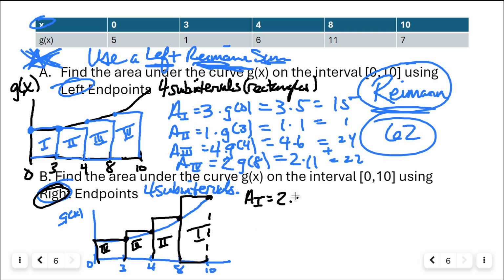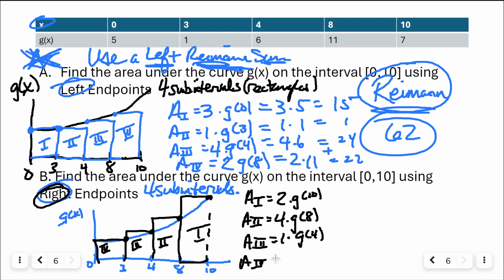And now to find the area of each one, the area of the first one will be 2 units for the base and g of 10 for the height. The second one is 4 units, g of 8. Then we have 1 unit, g of 4. And finally, we have 3 units, g of 3.